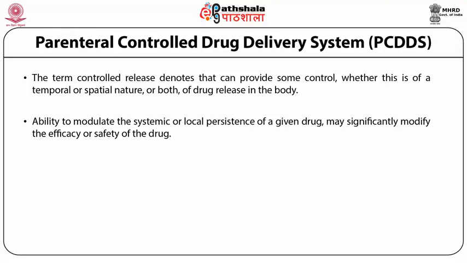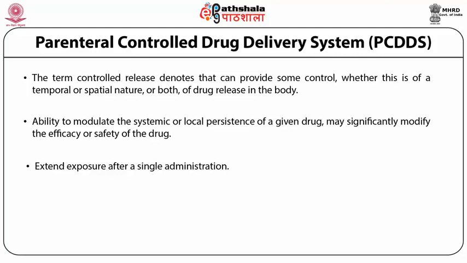In case the drug has a short half-life, a modified release system can prolong the drug exposure after a single injection. Thus, by increasing the exposure time of the drug, these systems significantly lower the frequency of injections.